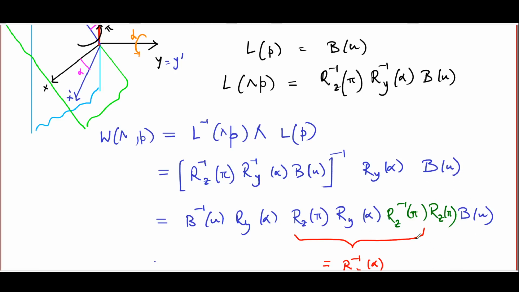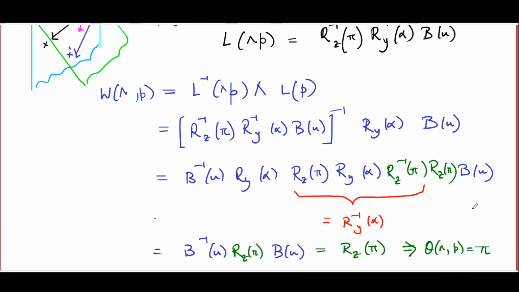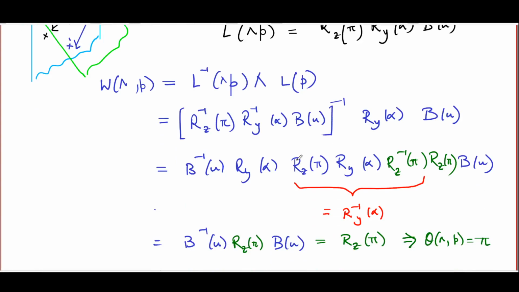Now, what we can always do is push in the identity anywhere we want. In particular, we can put in Rz inverse pi, Rz pi, which is equal to the identity, between the Ry alpha and B u here. The advantage that we gain by doing that is the following. If you take these 3 rotations one after the other, you can easily show that this is exactly the same as R inverse y of alpha, which means they will cancel out the Ry alpha.